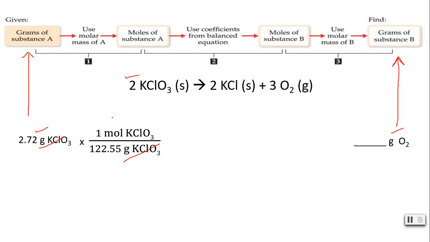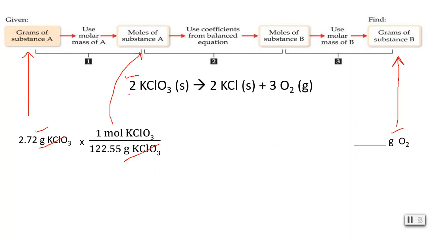So I am now right here in my little flow chart. So we're at moles of substance A, KClO3. Now I'm at the point I can finally get to moles of B, or oxygen, by using the coefficients of the balanced chemical equation.